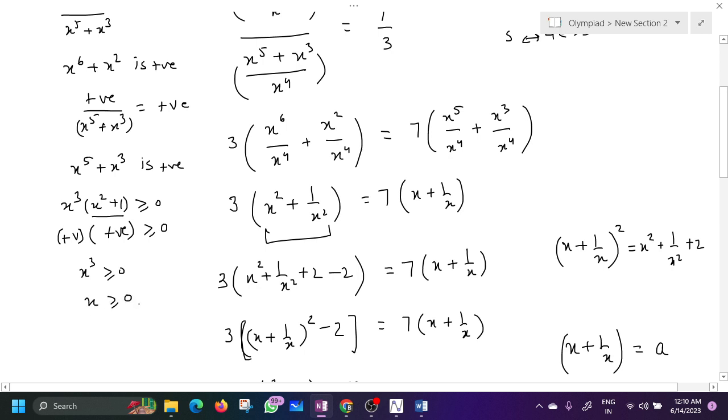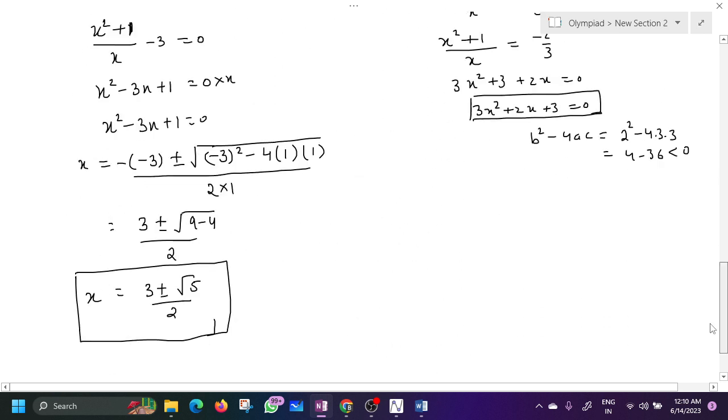Because if you raise an odd power on a negative quantity, it will always be negative. So that is why x has to be positive. We cannot say x is negative and power 3 on it will be positive. Fine. So this gives us x is positive.